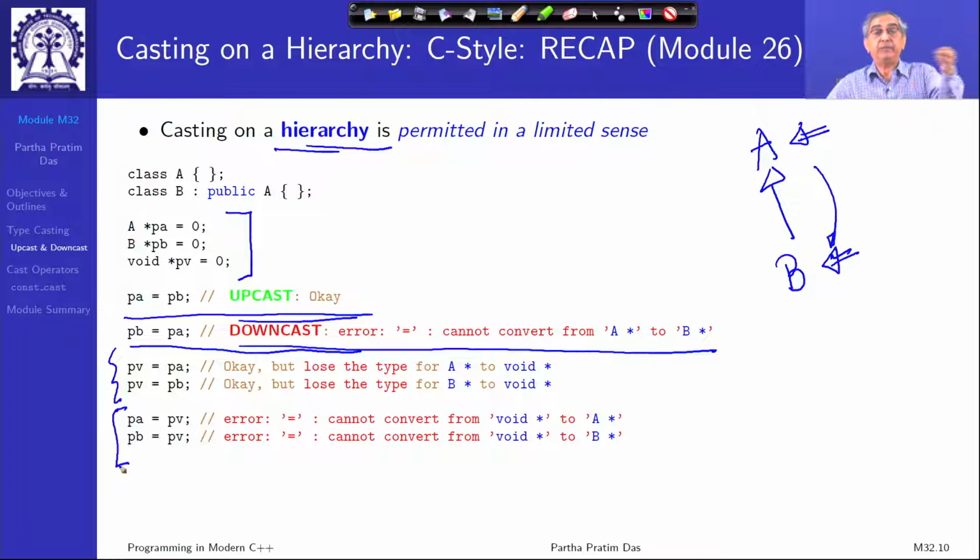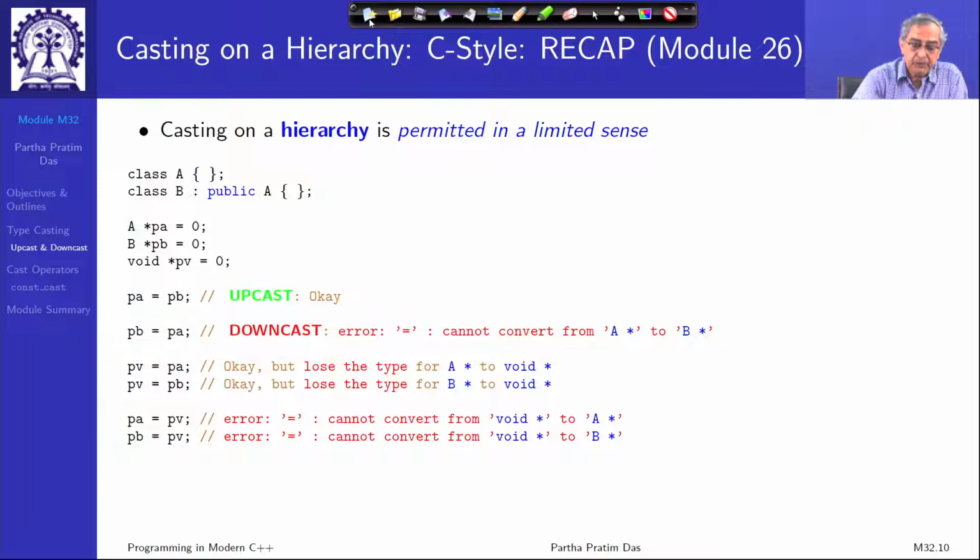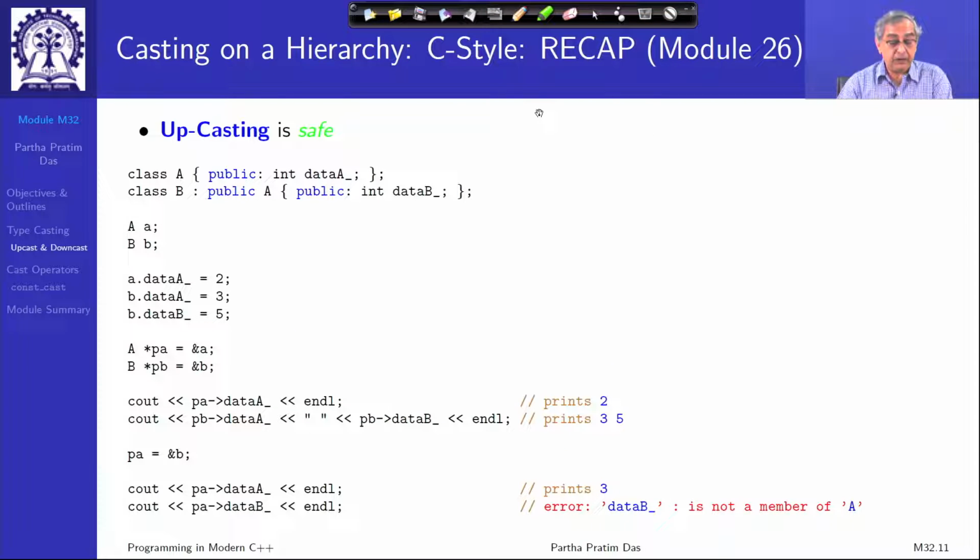I cannot take a void star pointer and say that it is a pointer of type A or pointer of type B, because I certainly am trying to assume something which the compiler has no way to verify. So, none of these are new. I am just reminding of what we did, and we concluded that upcasting is safe.